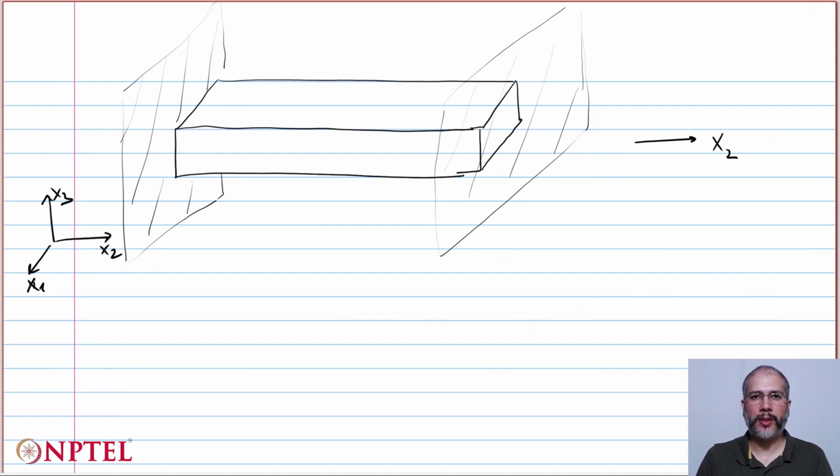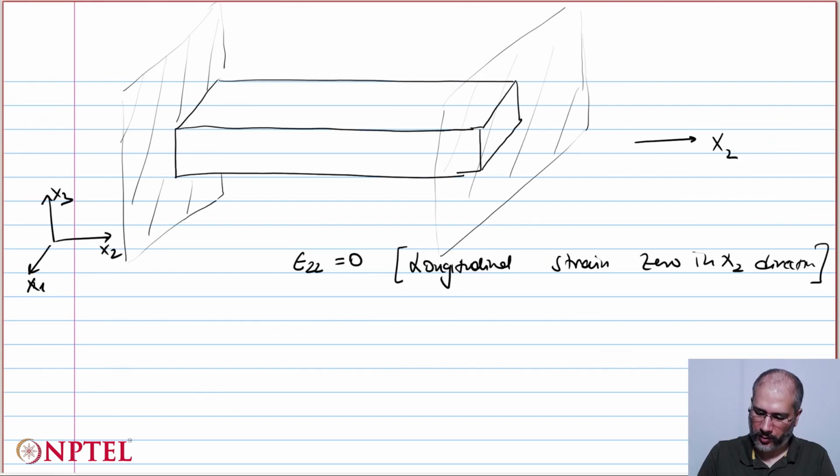So with this constraint, we can see that epsilon 22 is 0 because epsilon 22 denotes the longitudinal strain or the stretch in the x2 direction. But since the body is not allowed to move in the x2 direction, the longitudinal strain is 0.